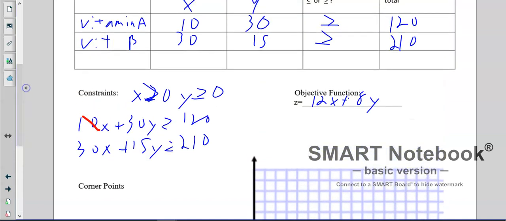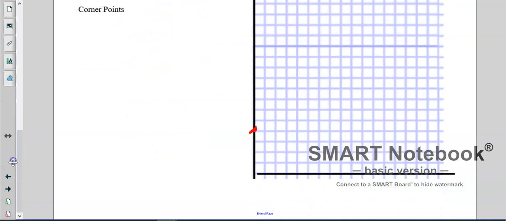Go back up. Cross out my y. That gives me an x of 12. I gotta count again. 1, 2, 3, 4, 5, 6, 7, 8, 9, 10, 11, 12. Right there. And we're going to connect those.